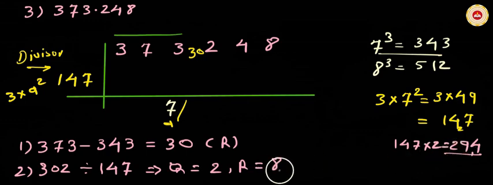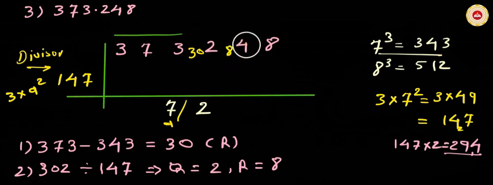Correct? So write quotient 2 below 302 and remainder 8 as a prefix to the next digit 4, and read this as 84, which is our gross dividend.